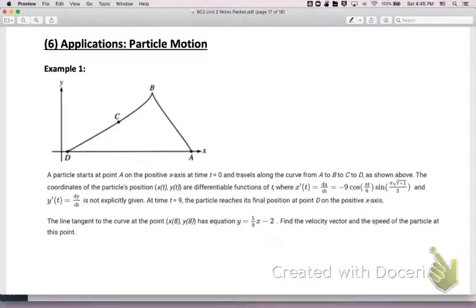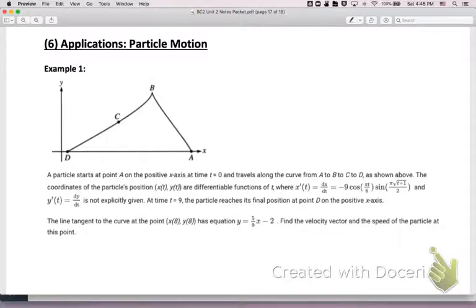We have this graph right here. It says a particle starts at point A on the positive x-axis at time 0 and travels along the curve from A to B to C to D as shown above.